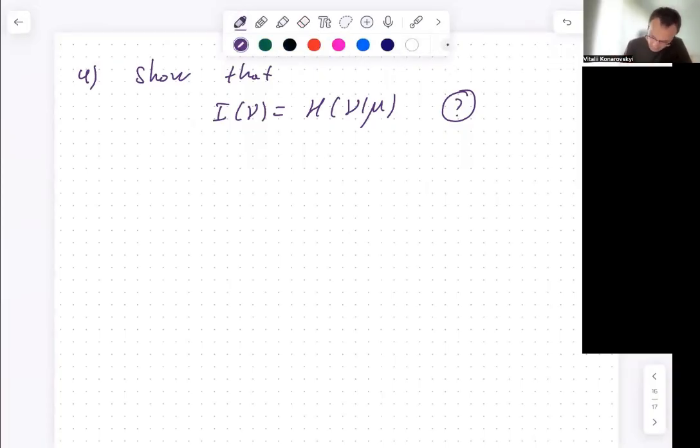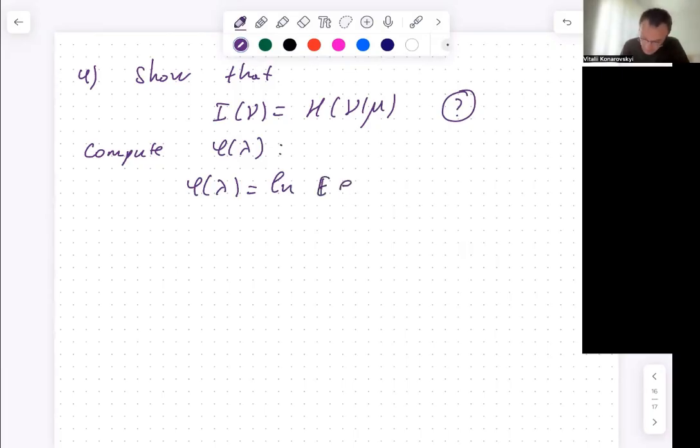Okay, then compute phi of lambda. Let's take lambda, it is lambda_1 and so on up to lambda_d. Then you know that this is the logarithm of the expectation of e to the power of the inner product of lambda with xi, say with xi_1.